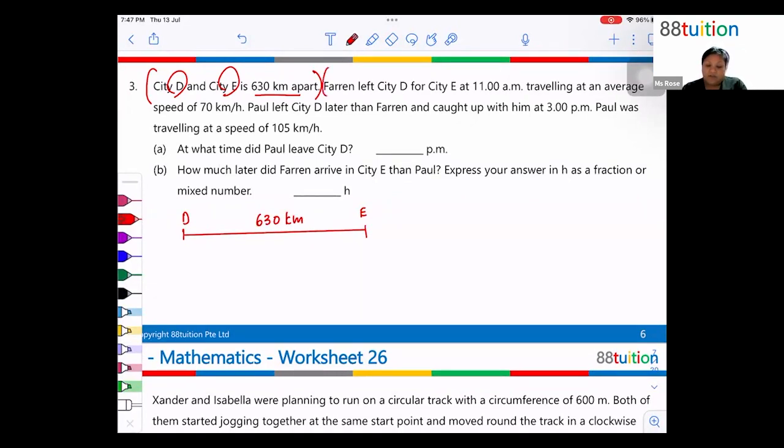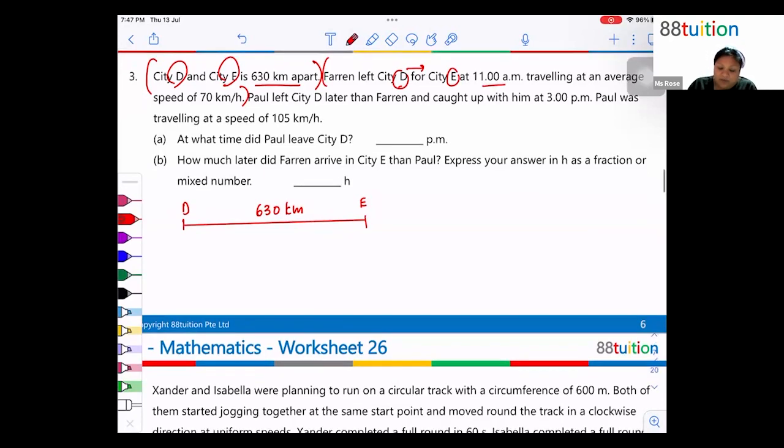Okay. Farron left D going towards E at 11 a.m., traveling at a speed of 70 kilometers per hour. So this is the information here, and all of it is already in my distance timeline.